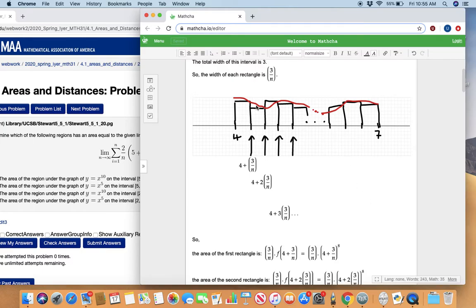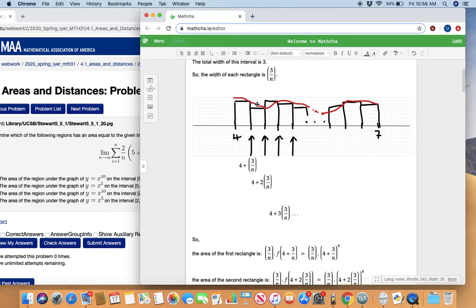Now look at the height of each rectangle. The height of each rectangle is given by the right end point of each base. For this rectangle, that's the base. The right end point determines my height. If I said the left end point, then my height would be different. So the height is determined where the curve meets your point on the x-axis.